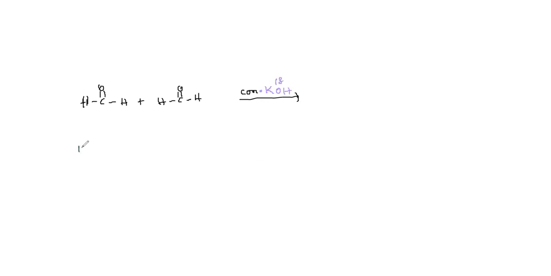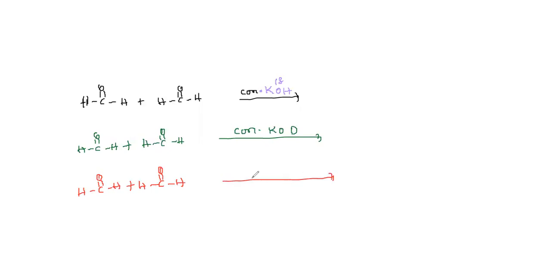Then one more: C double bond OH, then HC double bond OH, then concentrated KOD, D meaning deuterium.